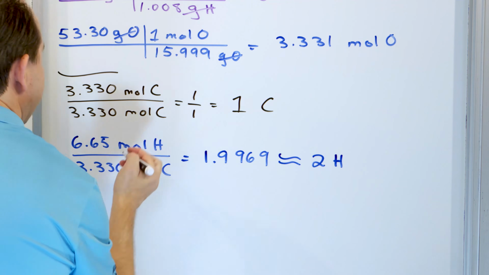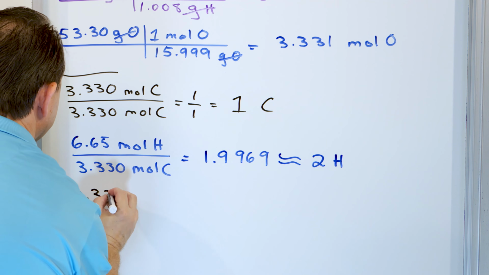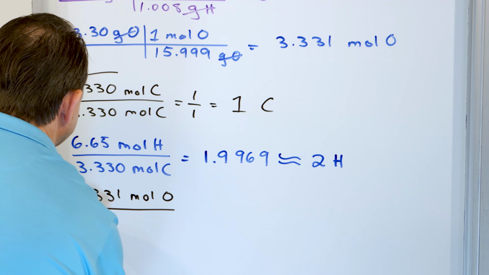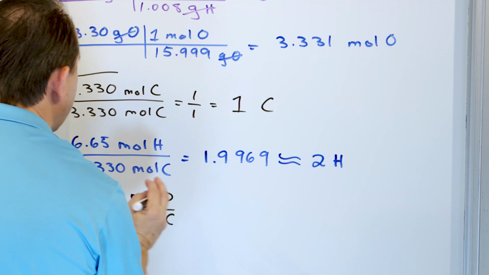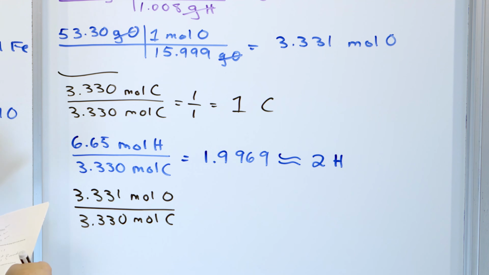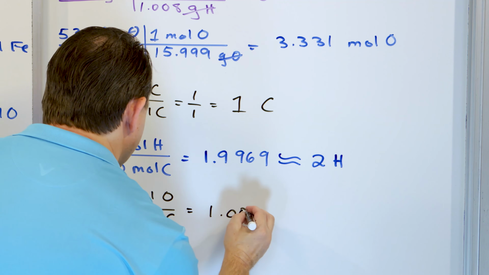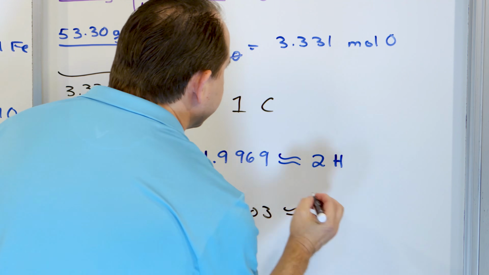All right, finally, for oxygen, we have 3.331 moles of oxygen, and that's compared to 3.330 moles of carbon. That's the smallest one. Now look at this. Same sort of thing. These numbers are almost exactly the same. What do we actually get? 1.0003 with a bunch of decimals after it, which is very, very close to the number 1.